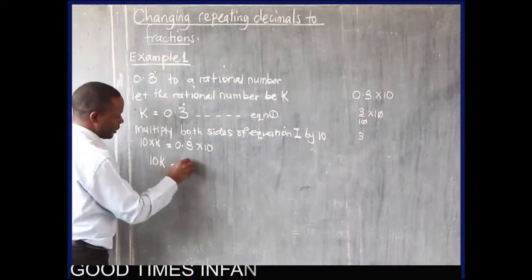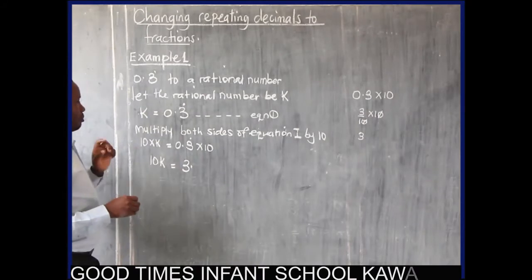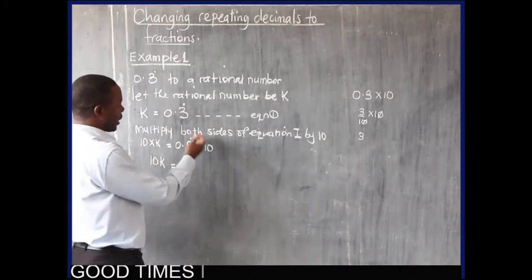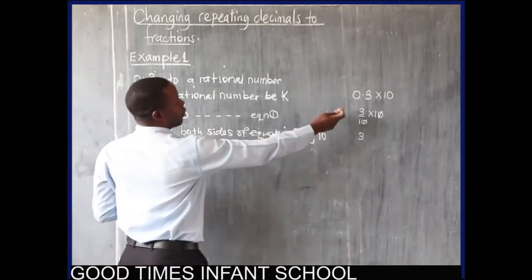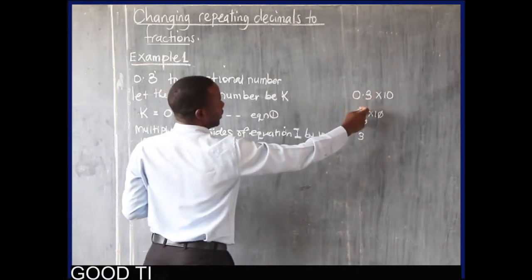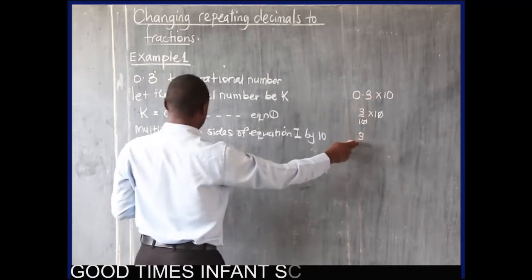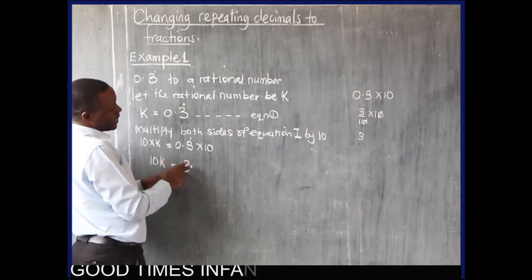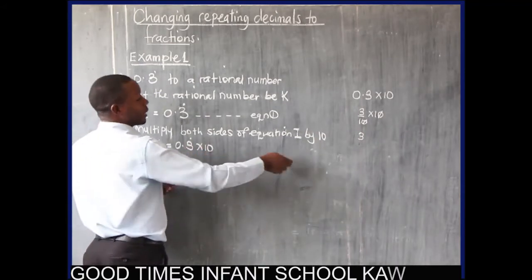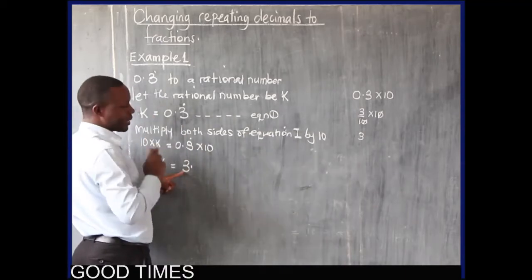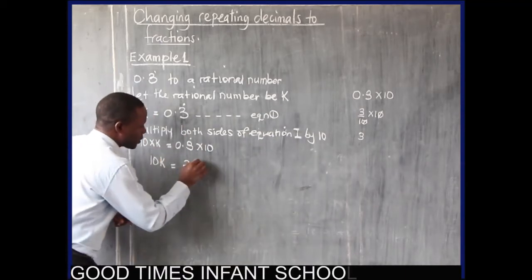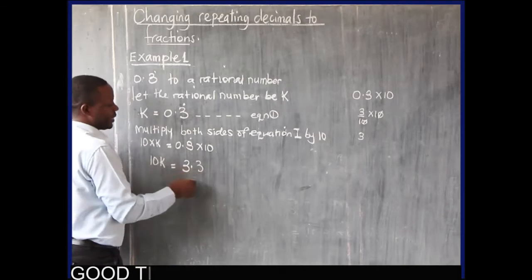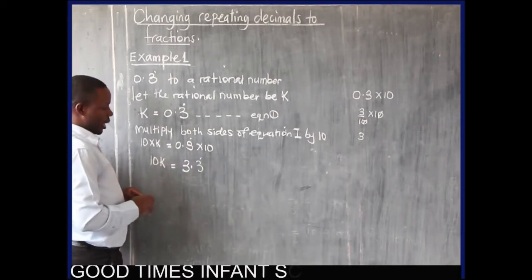We shall get 10k is the same as 3 point. But we're not going to say 3 and we end there, because in this one we have seen 0.3 times 10 is 3 out of 10, then we get 3. This is a different decimal number. Why? It has many 3's recurring. We decided to put one decimal place, so we can consider another 3, but also recurring.